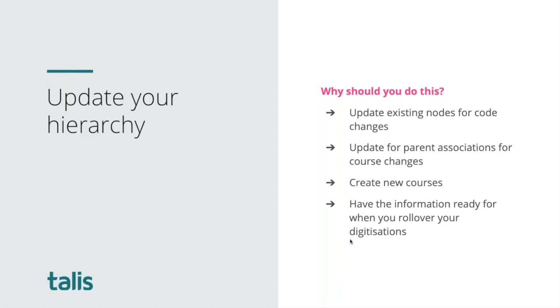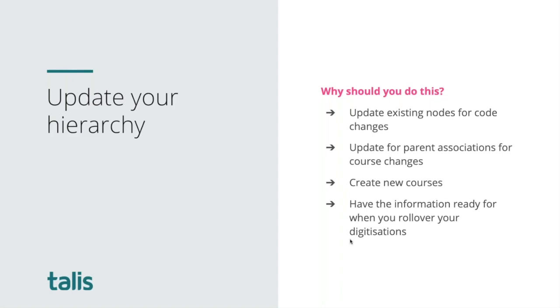Update any parent associations, and that's really for reporting purposes. So if a course changes from maybe a business parent for now, and it changes to under law or vice versa, it is nice to have those parent associations accurate for when you're reporting and identifying what areas are going well and what areas in the university you might need to push for engagement.